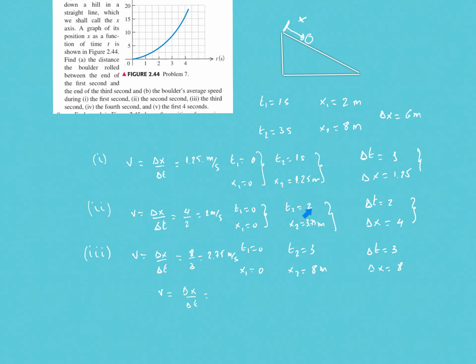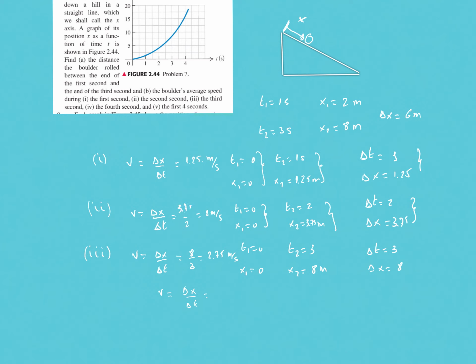At t2 equal 2, I think the position is 3.75, so the displacement will be 3.75, and the velocity will be 3.75 divided by the time elapsed, which in this case is 2 seconds.